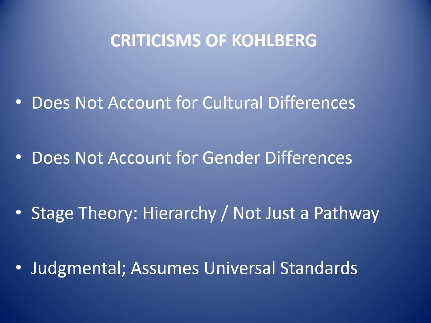And this indicates that there's not a universal psychology or mind or morality that is based upon the similarity that all humans share. A second criticism of Kohlberg, and we'll talk about this a little more in a second, is that it doesn't really account for gender differences. We talked about this when we talked about Carol Gilligan.